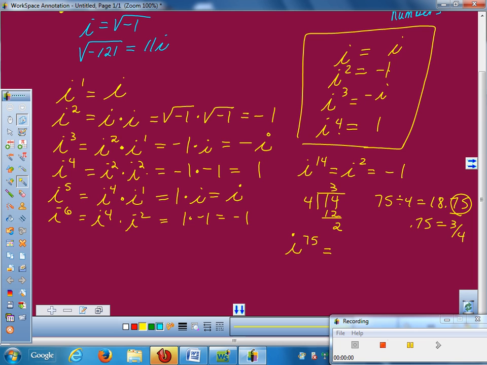So if you divide it on your calculator by 4, if you get something with a 0.75, you know you're on i cubed. What's it going to be if you're on i squared? 0.5, because 2/4 would be 0.5. And if you're on i to the first, it's going to be something 0.25.